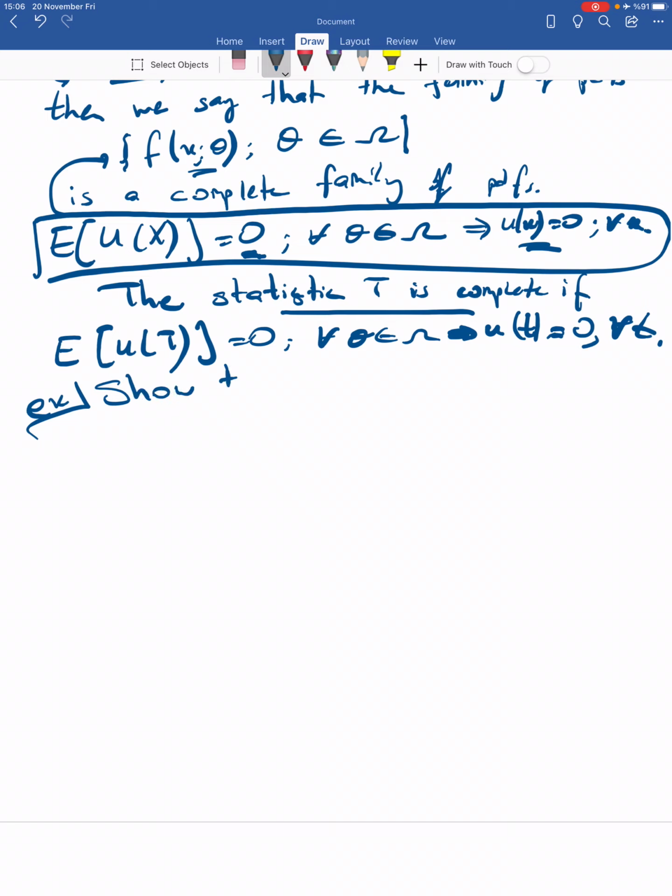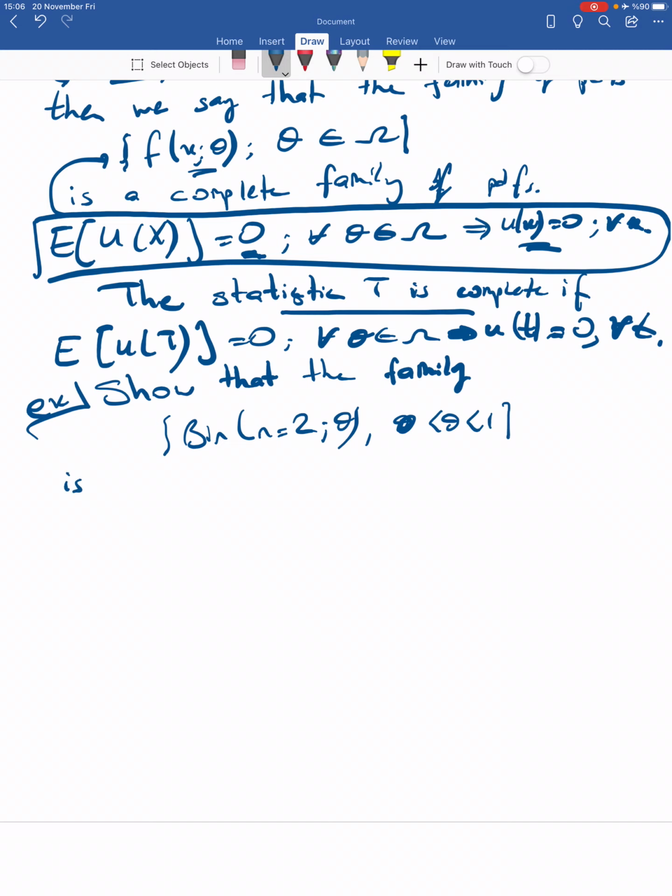So show that the family, we consider a very simple one, the binomial family, when the sample size is just 2, we will generalize it later for the n case, where theta is between 0 and 1, is complete. So the question is, basically we know that it's complete, but you have to show that, or the question can be to show whether this family of PDF is complete.